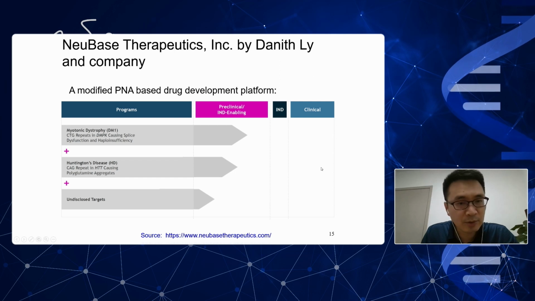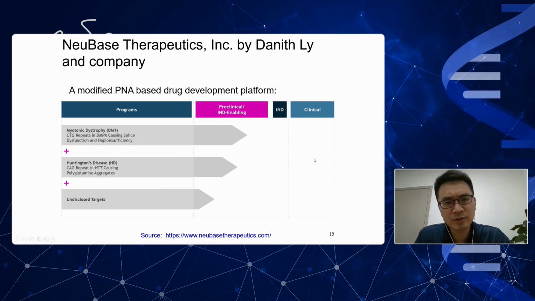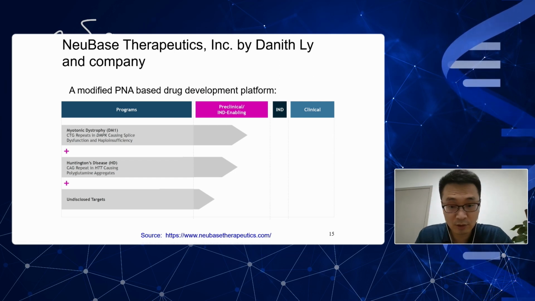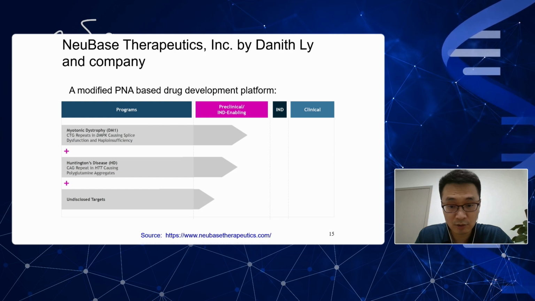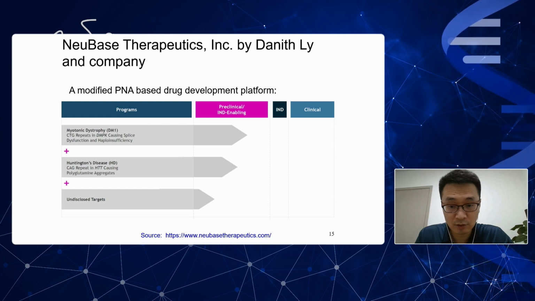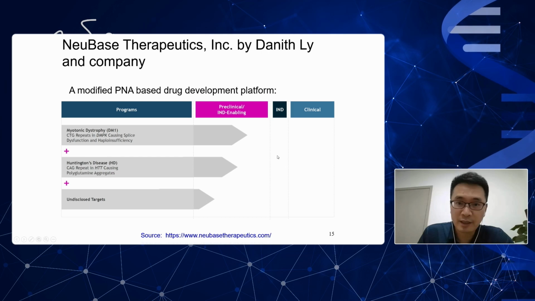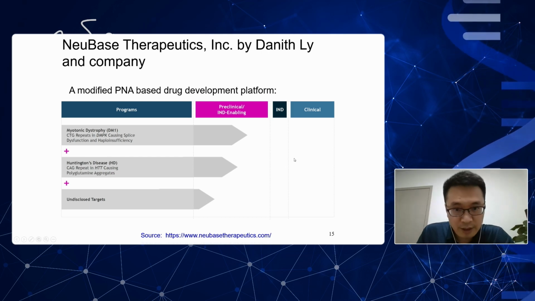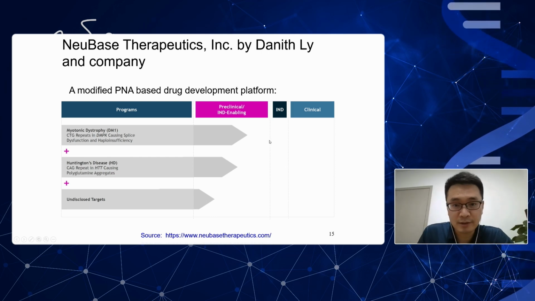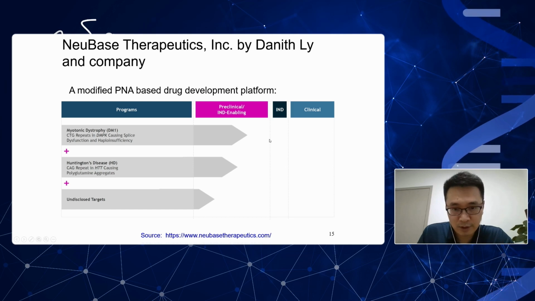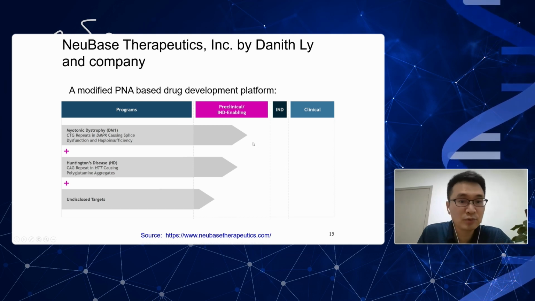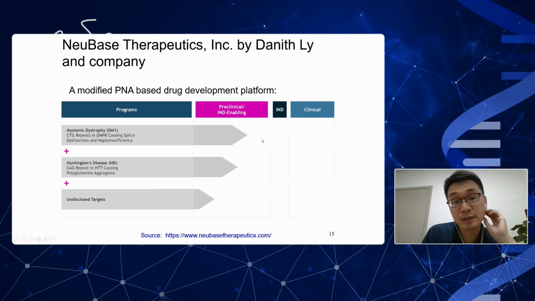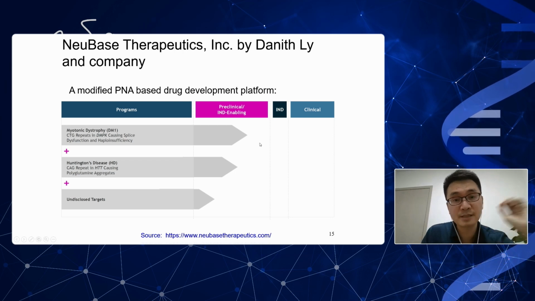Another example is that recently, maybe less than 5 years ago, people developed a company called NewBase, and this company is now in the preclinical stage, and I heard that they are trying to put the PNA molecule into clinical testing probably sometime next year.